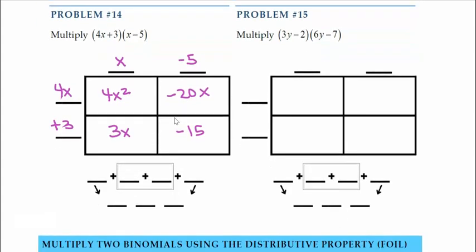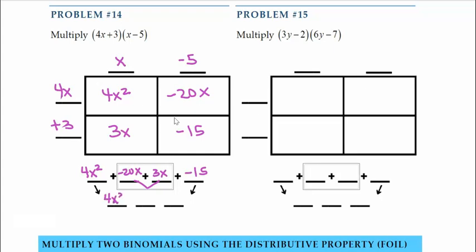All right, so I can see that I have these 4 terms now as part of my answer. So I'll write them down here. So 4x squared minus 20x plus 3x minus 15. So notice that these middle terms are like terms, so I need to combine those together. But the other 2 don't have any like terms to add with them, so those just come down how they are.